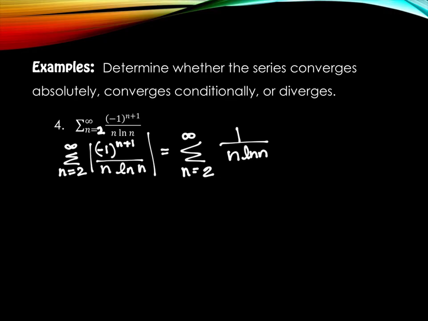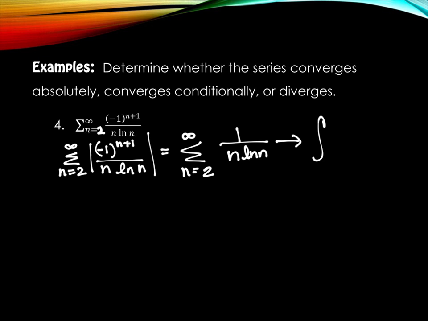In Calc 2, we talk about the fact that anytime you have a natural log, you're going to either have u substitution or integration by parts because we don't have an antiderivative form of the natural log except for tables. There's one in a table. But there's not a closed form for it that's nice and clean that we memorize and so forth. So yeah, this is going to turn into an integral test.